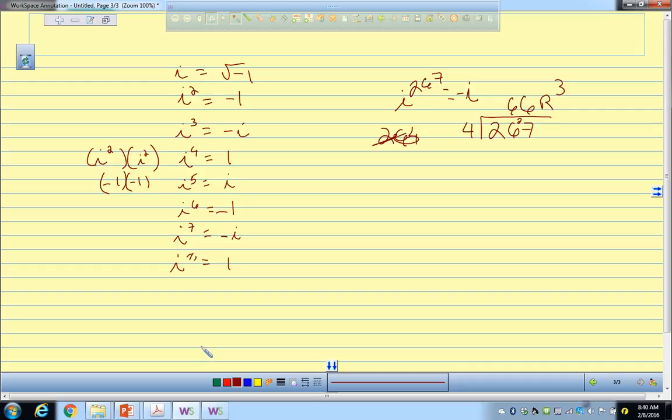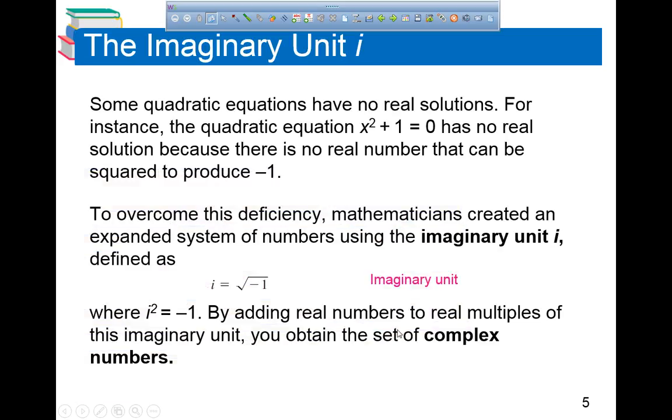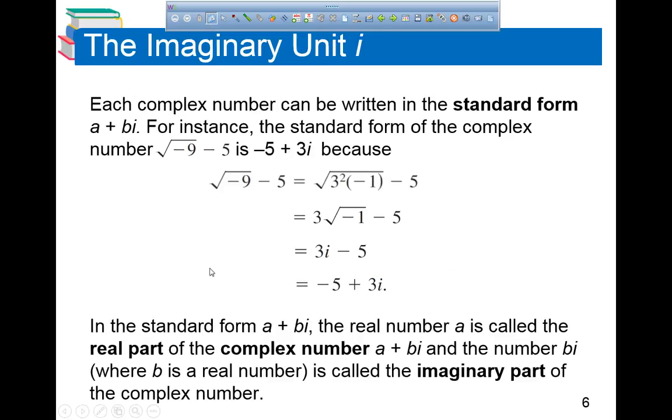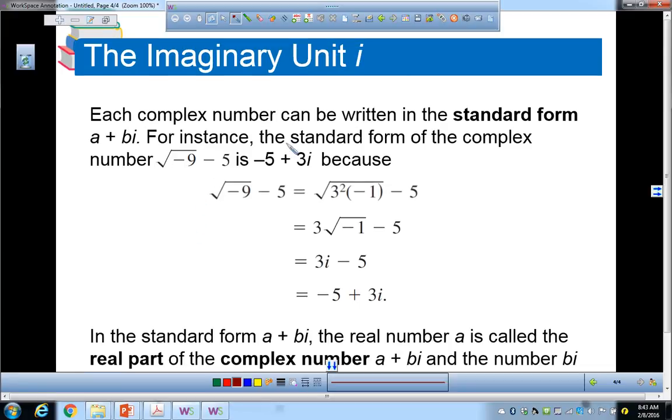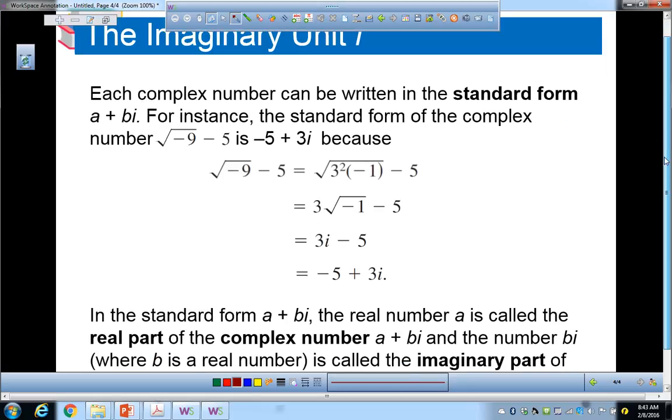Easy enough? Okay. So the next thing, imagine you obtain this set of complex numbers. Complex numbers have a real part and an imaginary part.